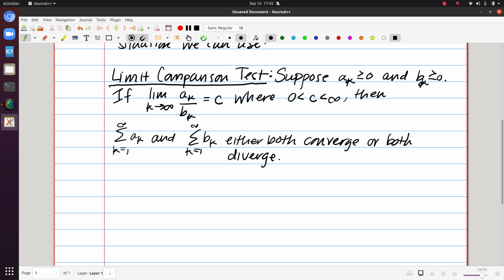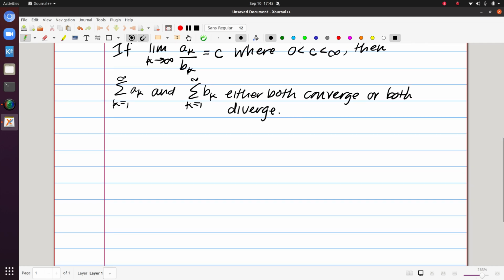So essentially, you can't conclude that they behave differently if the limit is 0 or infinity. It's really a case-by-case situation. So just to see this, let's consider a situation where that limit is equal to infinity. We could look at a similar example with 0.